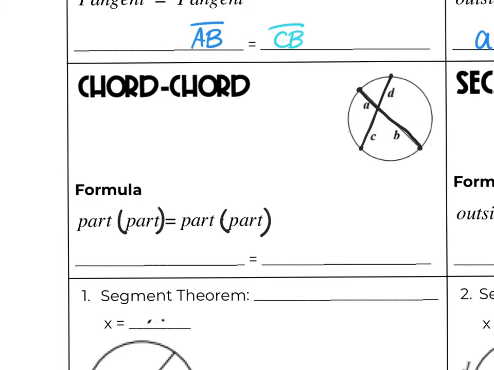For this, we have 4, and we'll start with the one with A and B. One part is A, the other part is B. That is going to be where it's an expression, so 3 times (2x minus 1). You have to make sure you have those parentheses. My other chord, I can do D or C. It doesn't really matter here, but if I do D, the other part is C.